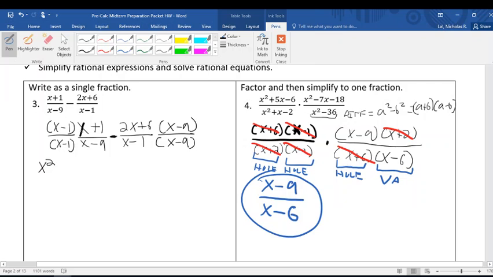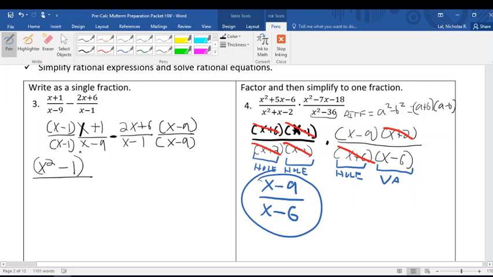The 1x and negative x cancel out, and then negative 1 times 1 is negative 1, which is going to be x squared minus 1, over (x minus 1)(x minus 9).